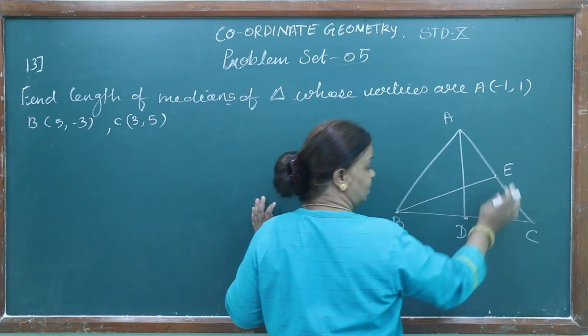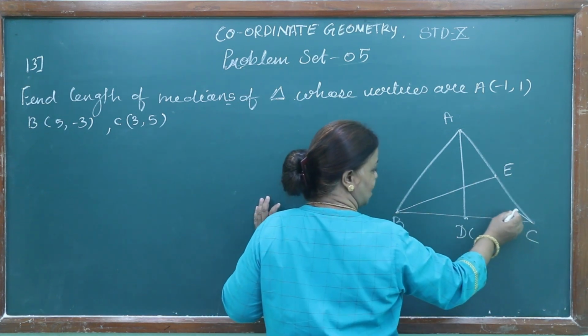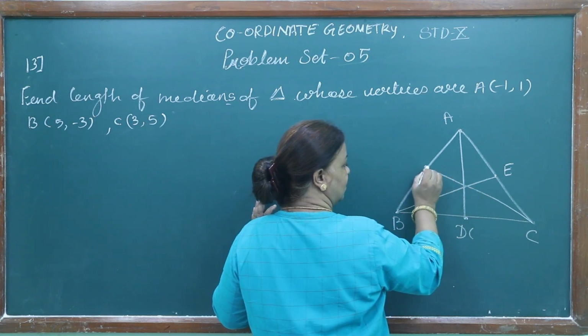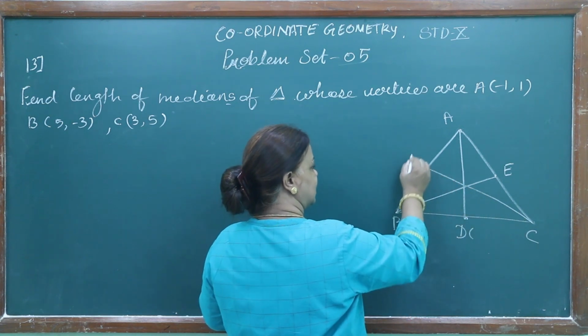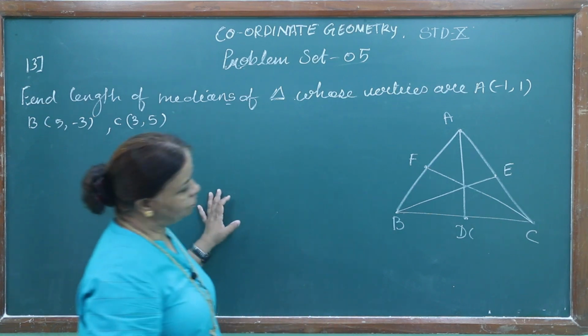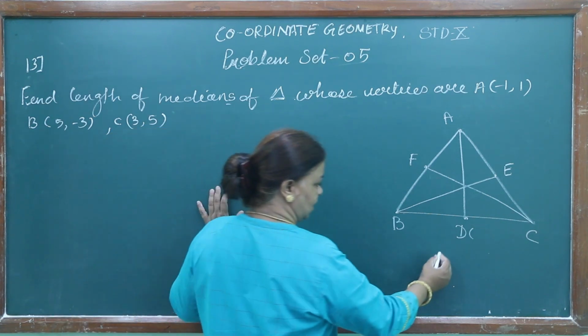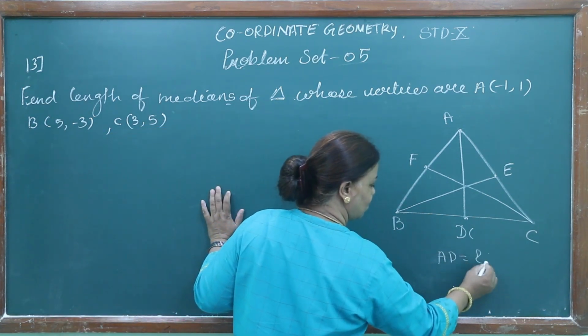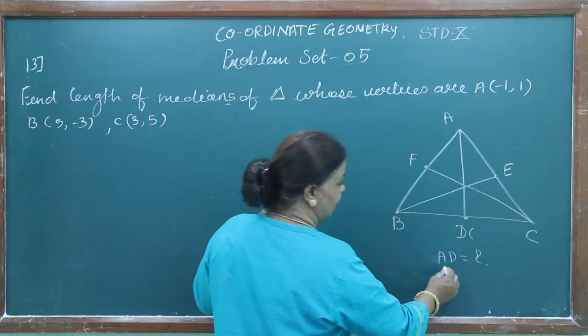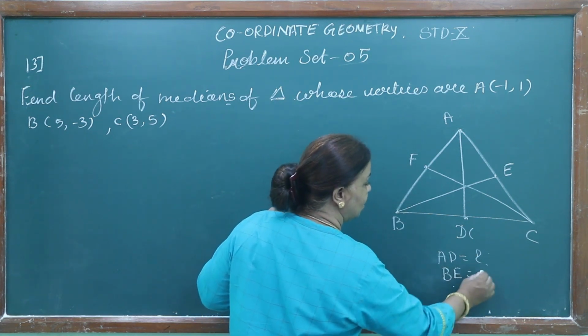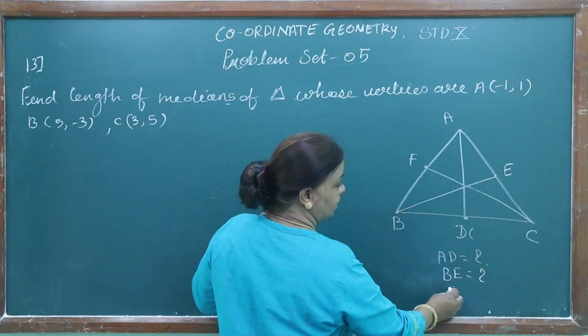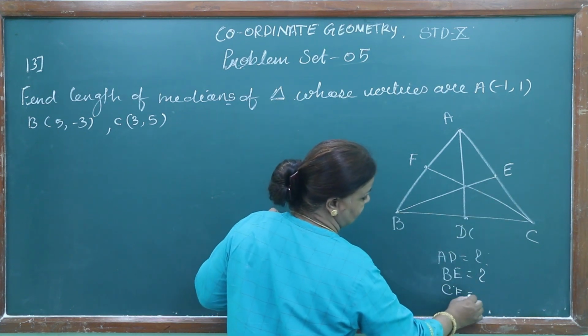BE is another median. From vertex C we are drawing one more median, that is CF. So we need to find out the length of AD, then length of BE, then length of CF.